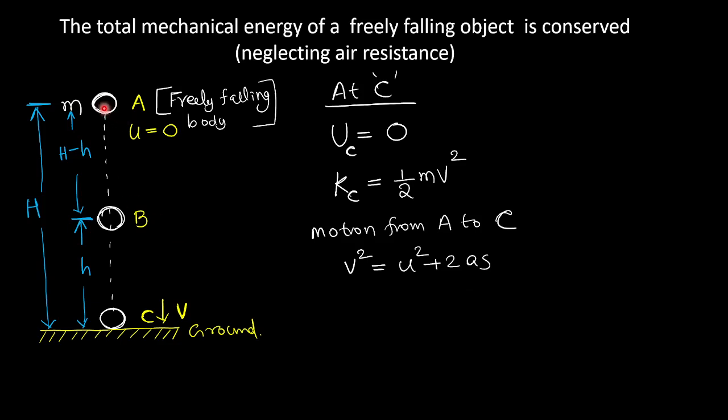The body is moving from A and ultimately reaches C. The initial velocity is 0, correct? Plus 2 into a. The body is falling down, so acceleration is g.